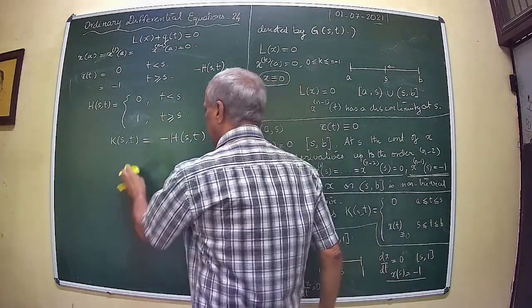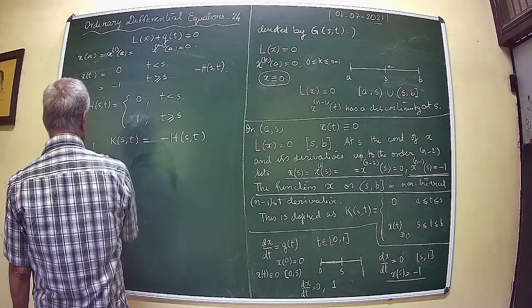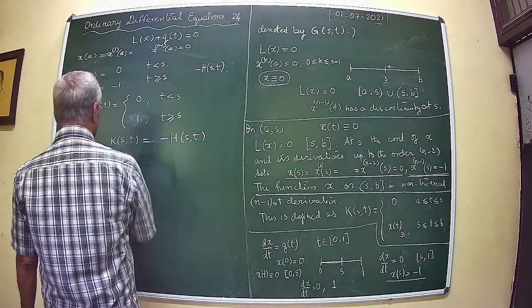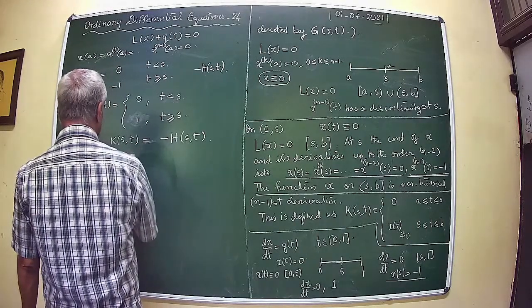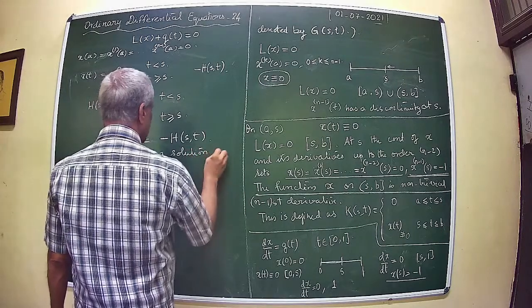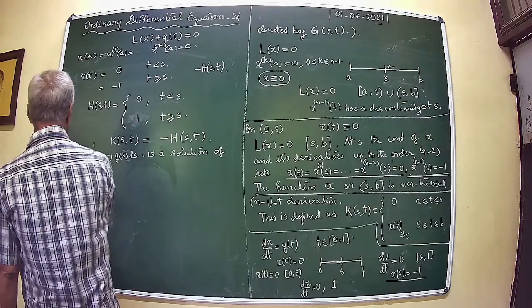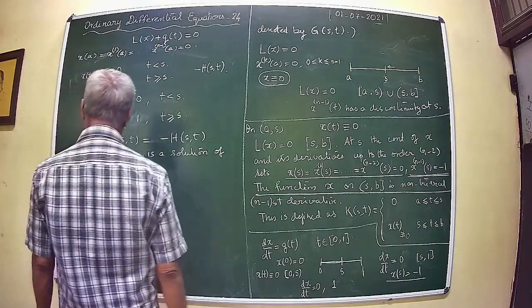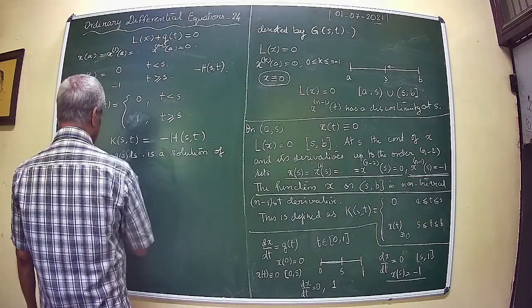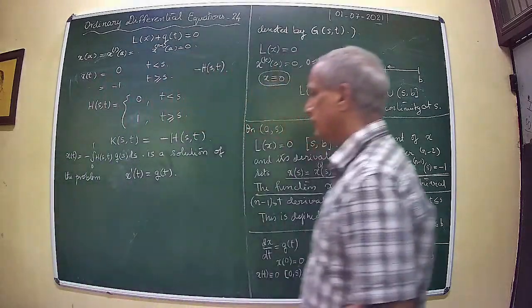And you can easily verify that the integral from 0 to 1 gives a solution of the problem x derivative of t equal to g.